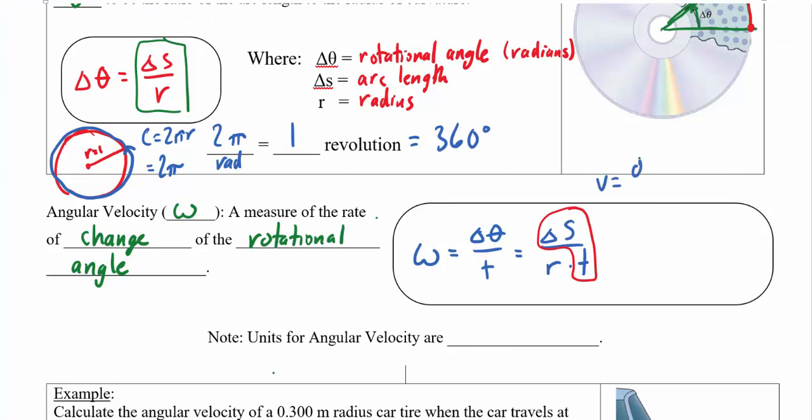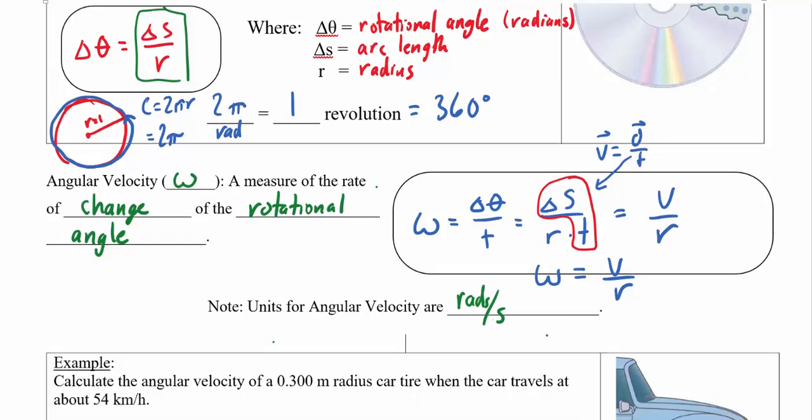So since velocity is just displacement over time, then I can substitute this in here and I get velocity over radius. So long story short, the angular velocity is just equal to the velocity divided by the outer radius. Or I should say, the angular velocity is equal to the velocity of a point on the outer edge divided by that radius. And so the units for angular velocity are radians per second.